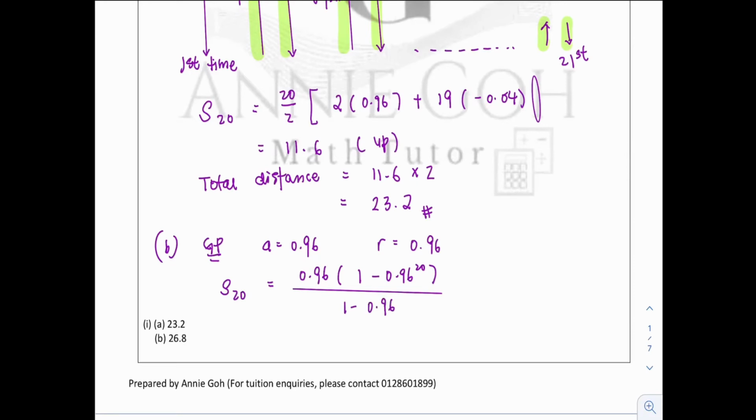You can just key into your calculator and should have the final answer of 13.39. But this is not the final answer yet, because this is just for one way, the one traveling upwards. The question is asking for up and down. So the total distance traveled should be just 13.39 times 2, which is equal to 26.8 meter. Okay, that's how we do for part B.